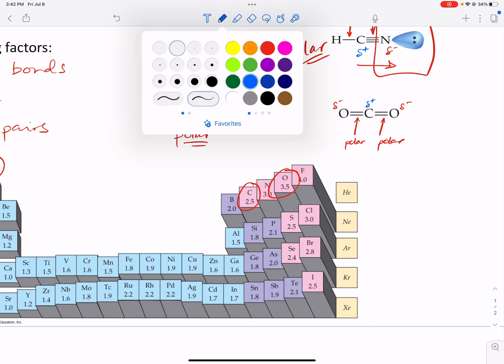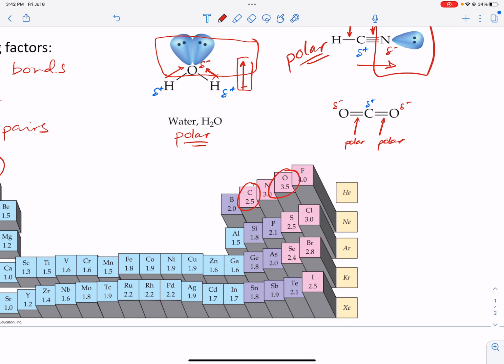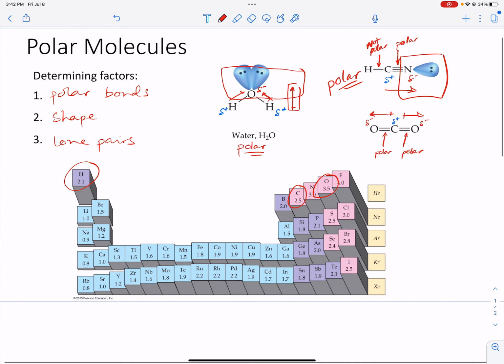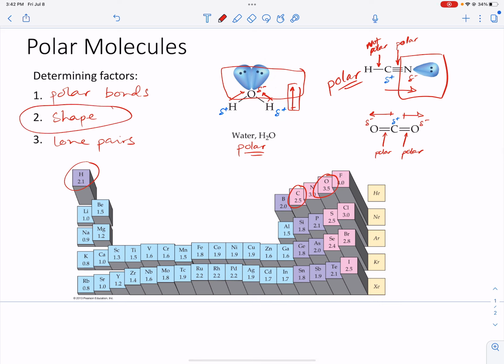Now, if we draw in our dipoles, we have to draw it always pointing towards the more electronegative atom, okay? So we have to draw from the carbon towards the oxygen, but we also have an oxygen on the right side. So what you end up with is two dipole arrows that are pointing opposite directions, okay? So we have polar bonds. We drew in our dipoles. Remember, we have to consider the shape.